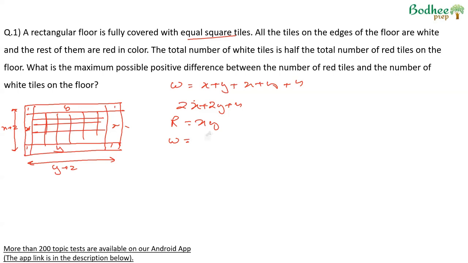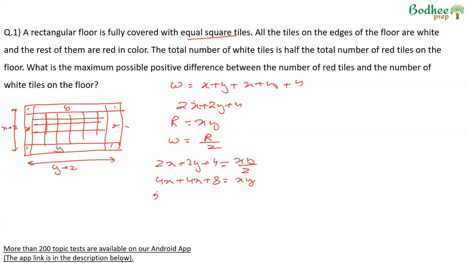So white is equal to red by 2, which means 2x plus 2y plus 4 is equal to xy by 2, which means 4x plus 4y plus 8 is equal to xy. Sorry, the next number will be 8, multiplying by 2.